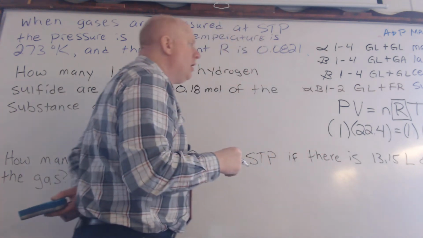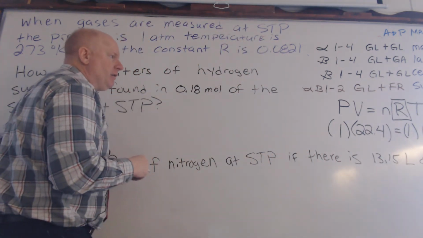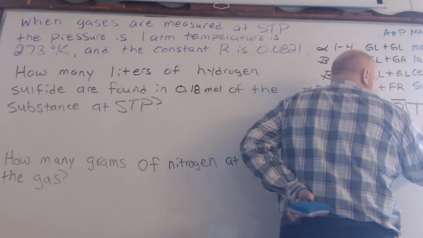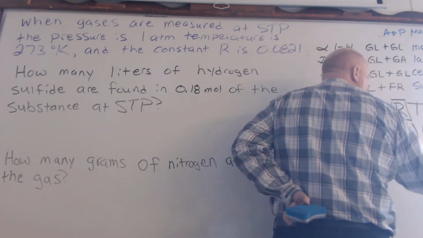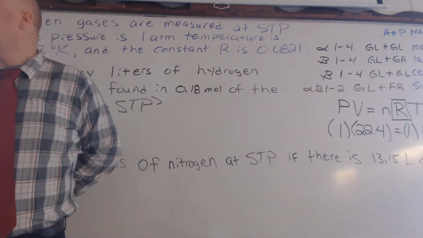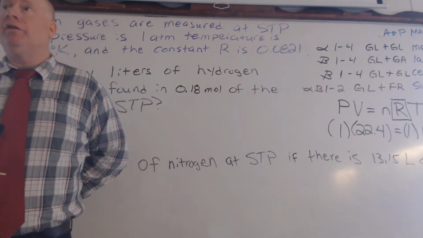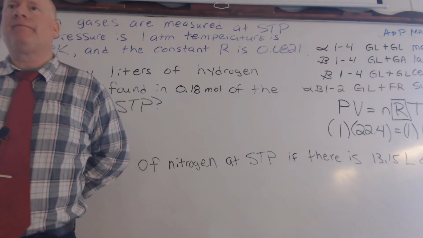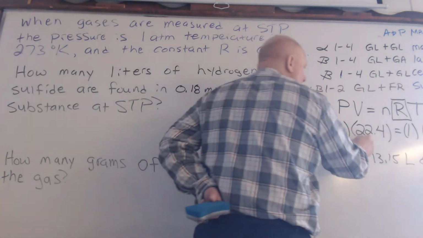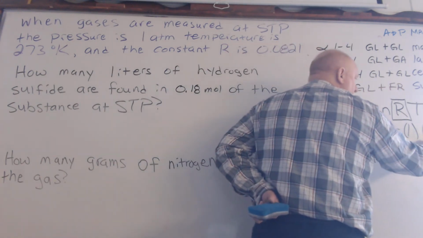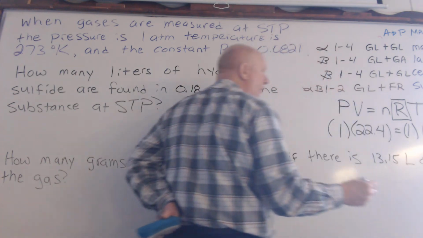So what we see happening here is the only way to get R by itself is to do what on that side of the equation? Divide by 273. You're just using your algebraic skills, correct? 1 times 22.4 just gives you 22.4. 1 times 273 just gives you 273.